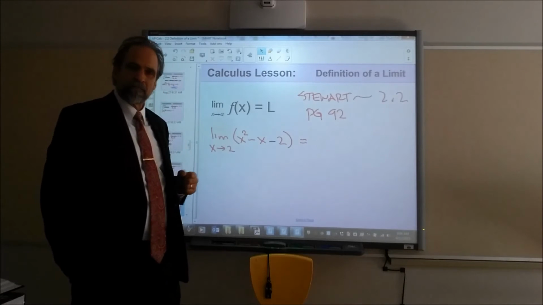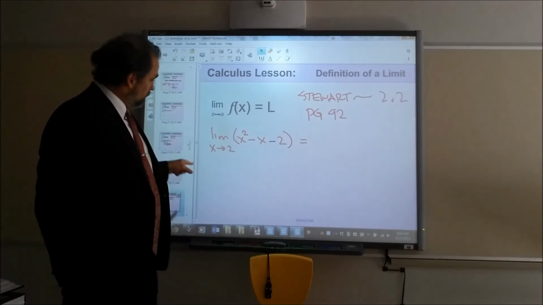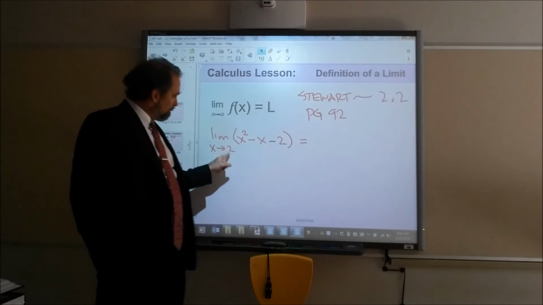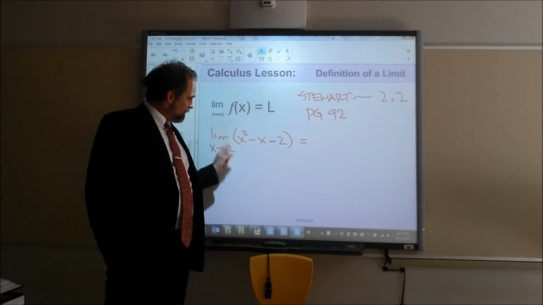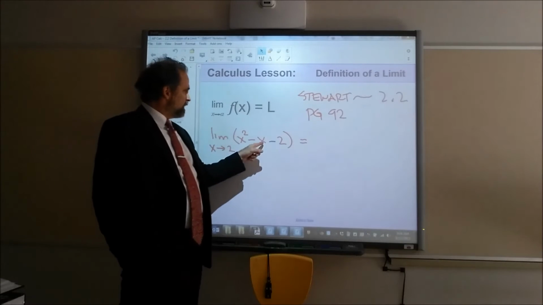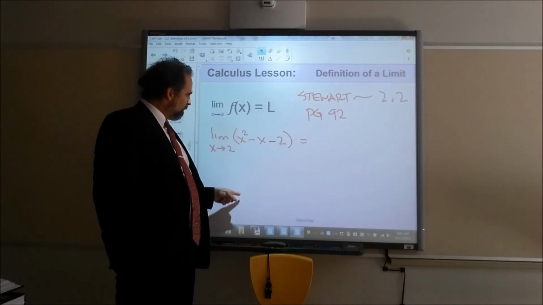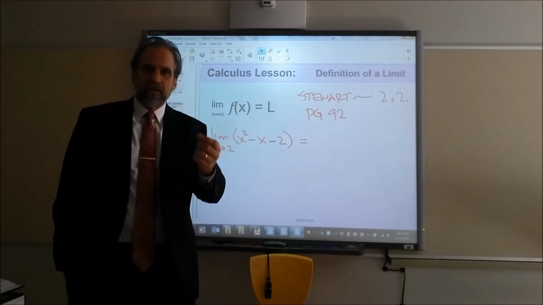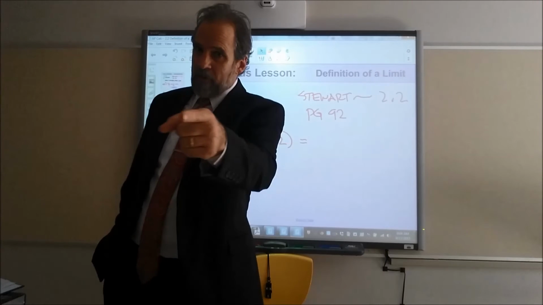Okay, welcome back. Now, this is simple as the last one. I put in a 2, and I get 2 squared, which is 4. I put in a 2 here, but that makes it negative. So I have a 4 minus 2 minus 2. Well, 2 negatives together make negative 4. Remember, I'm not multiplying.